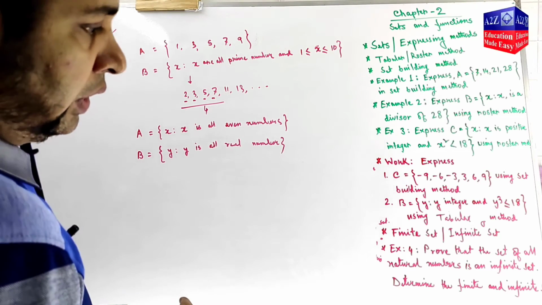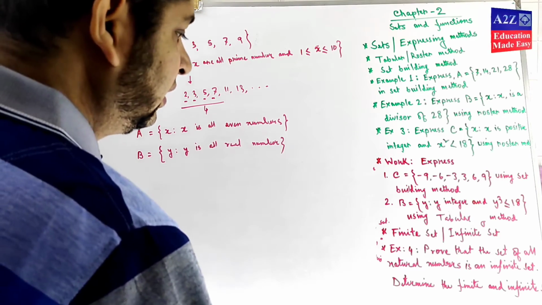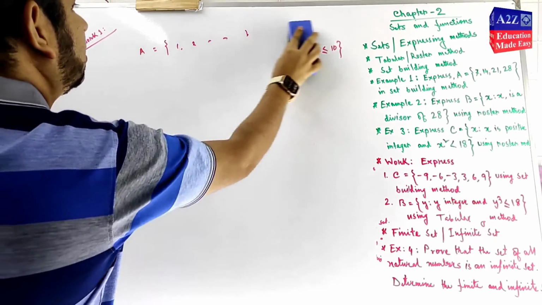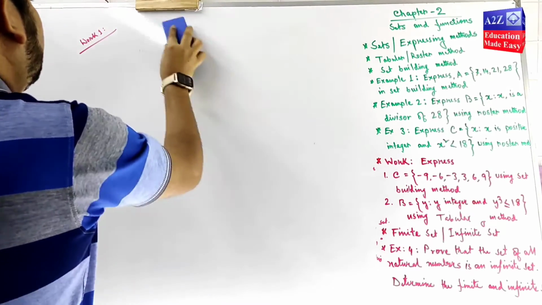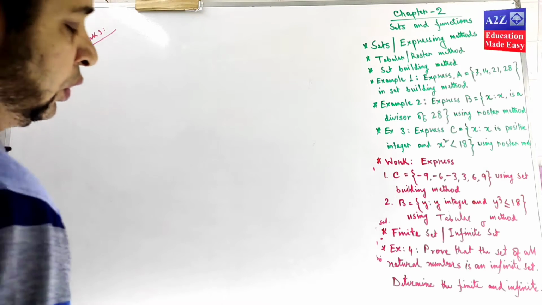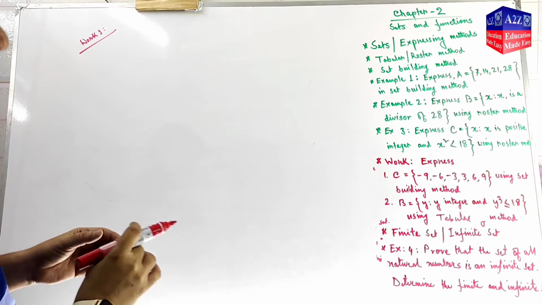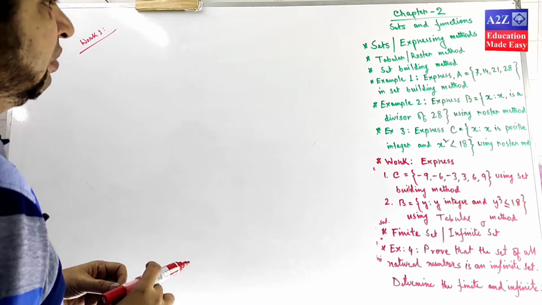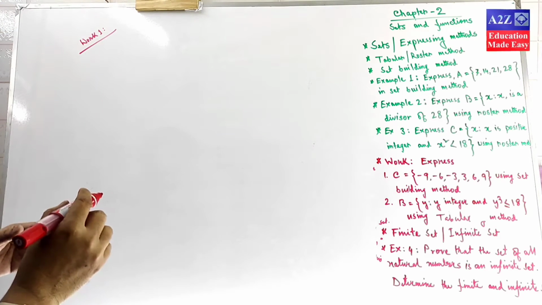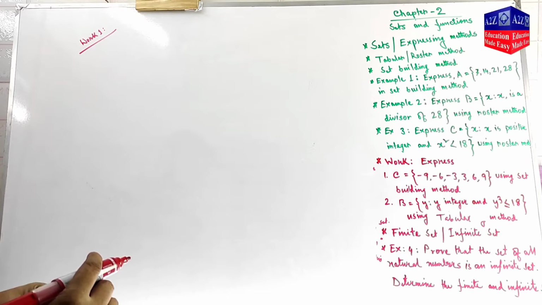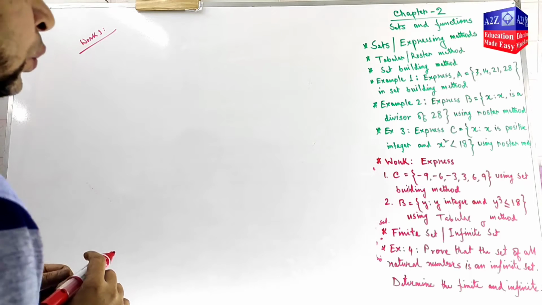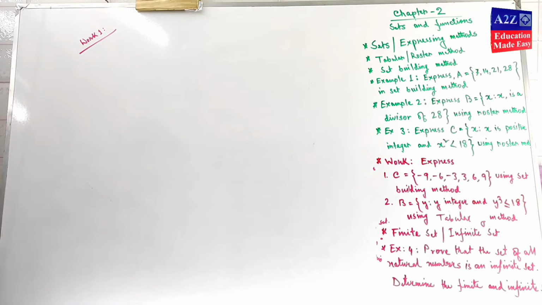Now, I will advise you to go through the book to pick up the definitions. What I have said is just to give you the ideas. To get the exact definitions, you should go through the book.